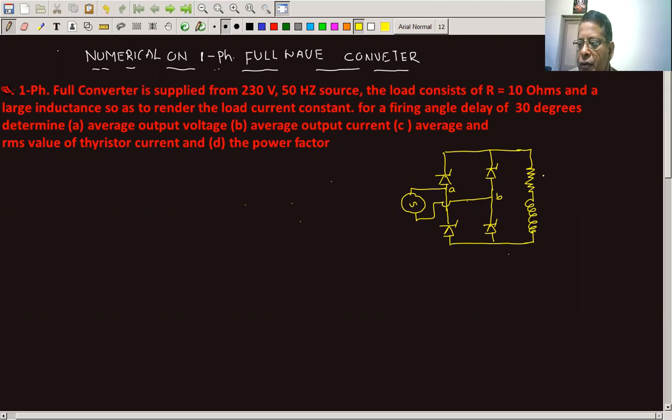R equal to 10 ohms. Inductance is very high. Source voltage is given as 230 RMS volts, and this is 50 hertz.